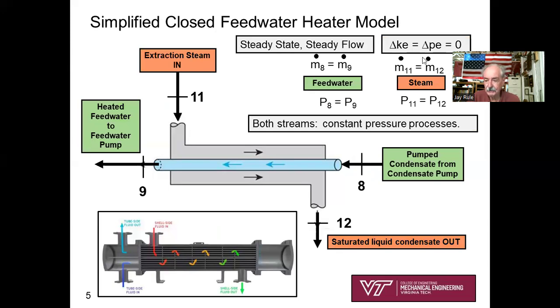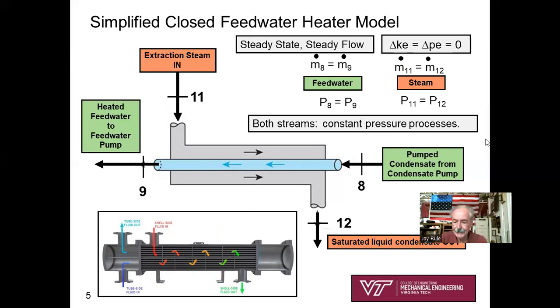What would your sketch look like? Well, here's what your sketch would look like. I'm trying to move my picture around. I think that can work. Okay. Your simple sketch would look like a basic two-pipe shell and tube heat exchanger in which you've got the feed water or the condensate in a straight shot, 8 to 9, on the tube side.